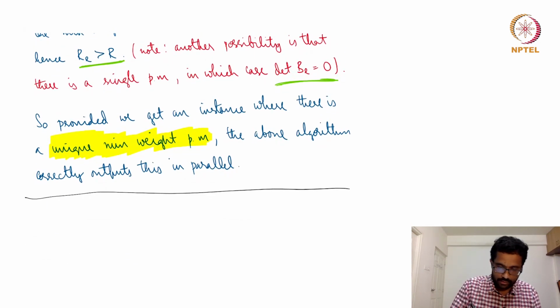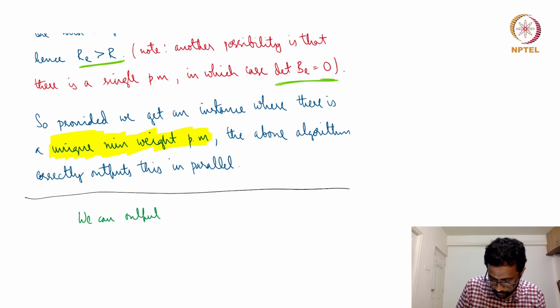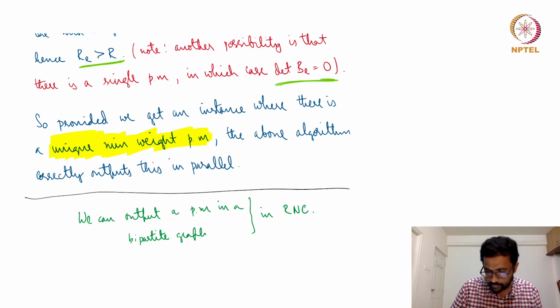And this shows that we can output a perfect matching in a bipartite graph in RNC.